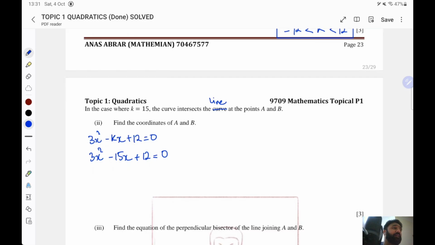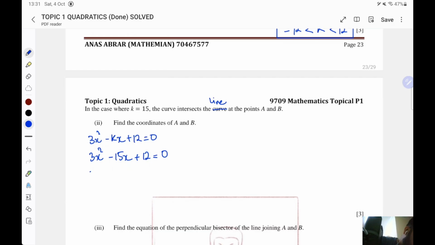So 3 times 12 is 36, and the two factors we need to find are 12 and 3.